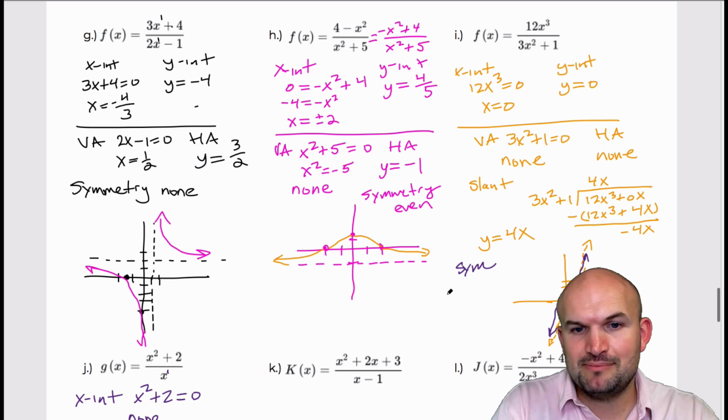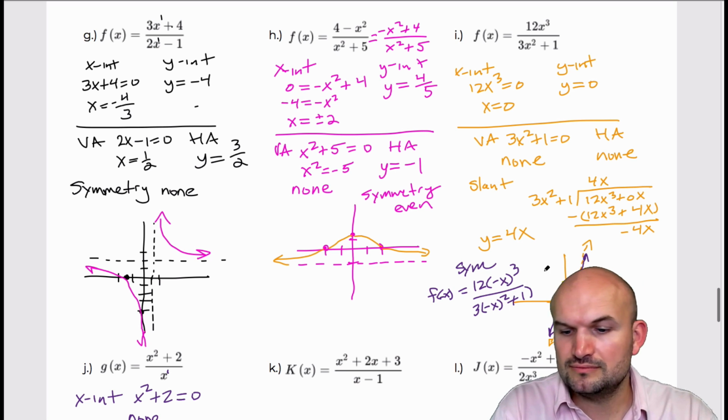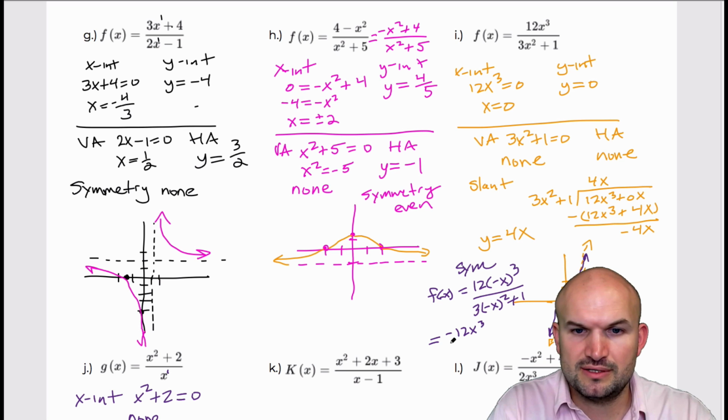But in this case, if I plug in f of negative x, I have 12 times negative x cubed divided by 3 times negative x squared plus 1. When I simplify that, I get negative 12x cubed.